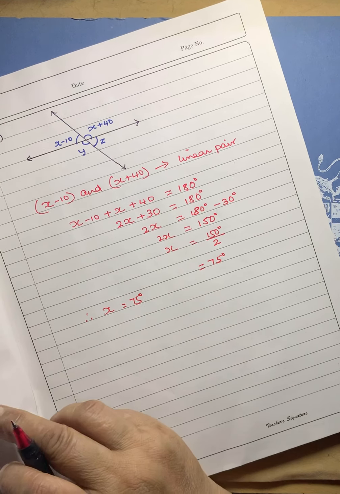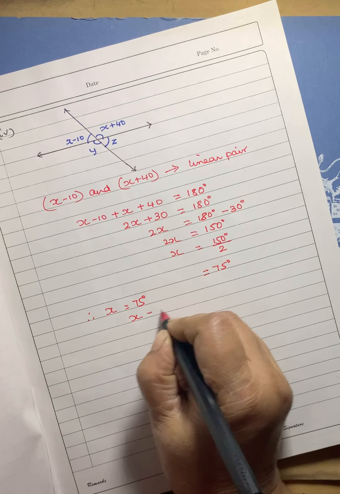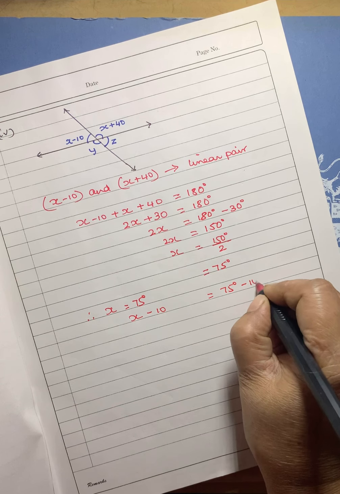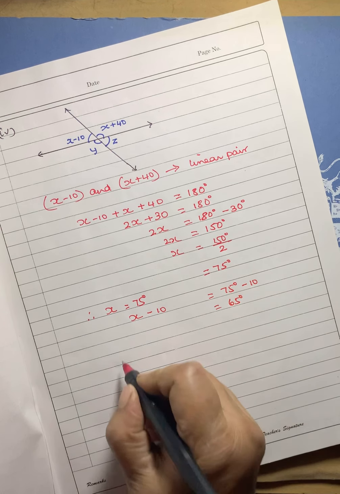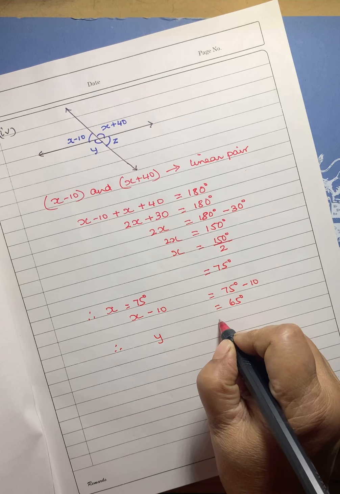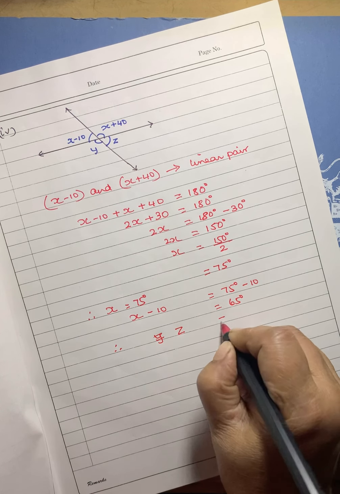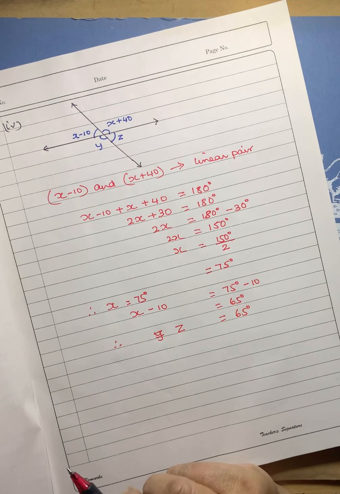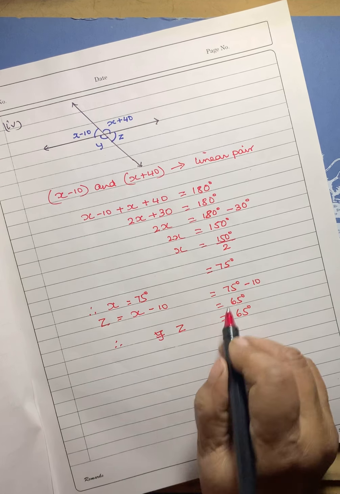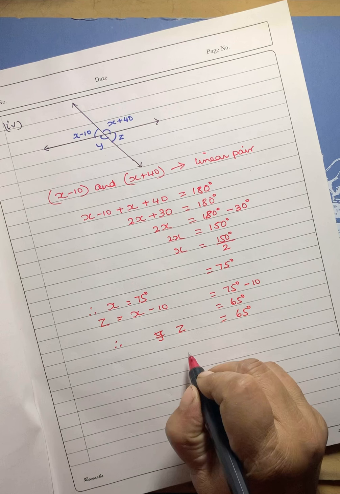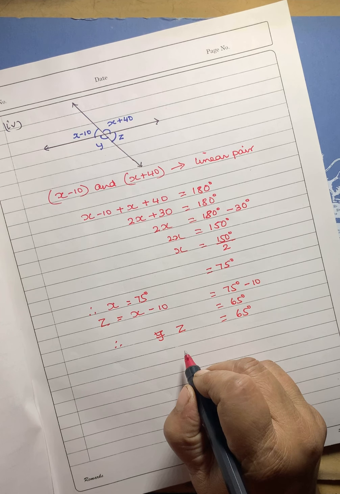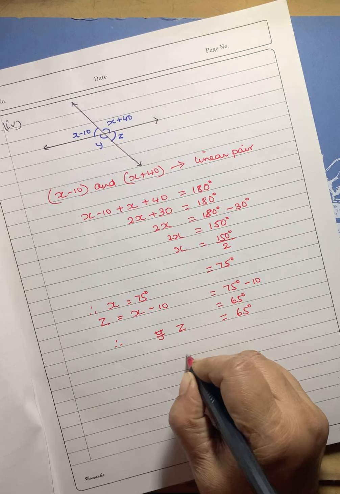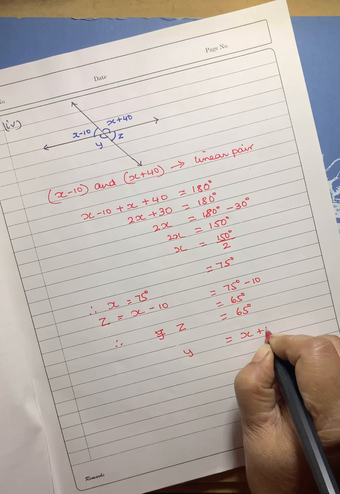Okay? If the value of x is 75, then x minus 10 will be 75 degrees minus 10, which is 65 degrees. Therefore, z is equal to 65 degrees. x minus 10 is equal to z, or z is equal to x minus 10. Now, next is y is equal to x plus 40.